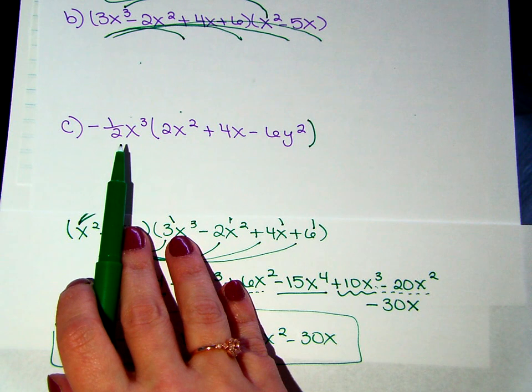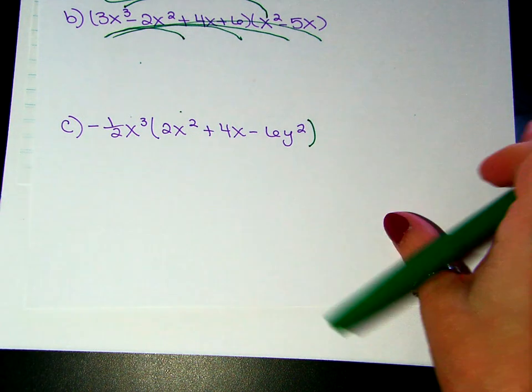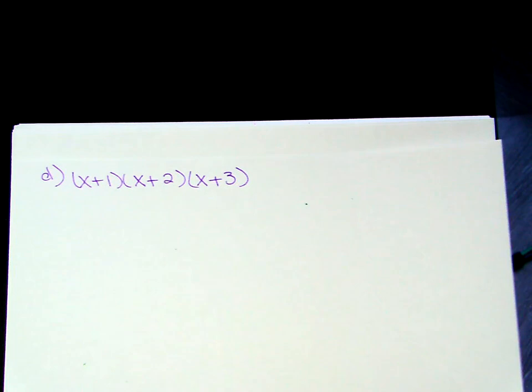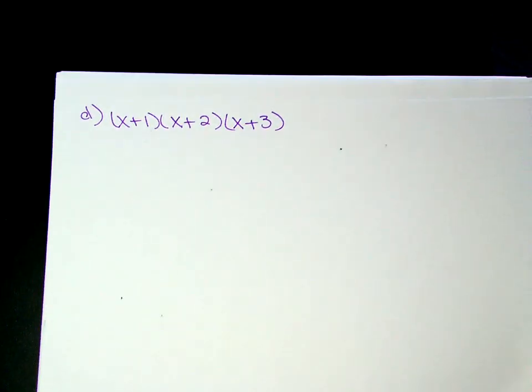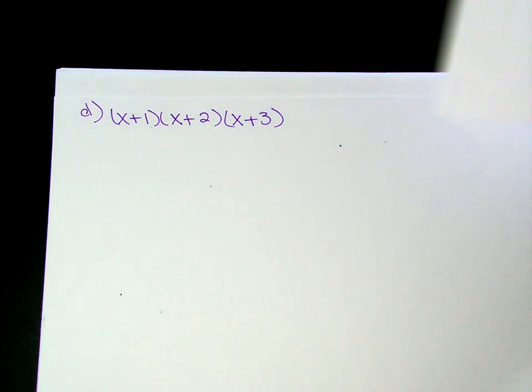But we are going to do D, if I can find D. There's D. The reason why we're going to do D is because we have a binomial times a binomial times a binomial. And this process isn't actually necessarily harder than what we've done, but it is important to pay attention to what the process is.